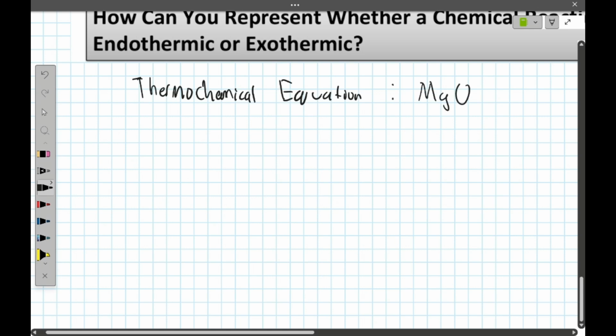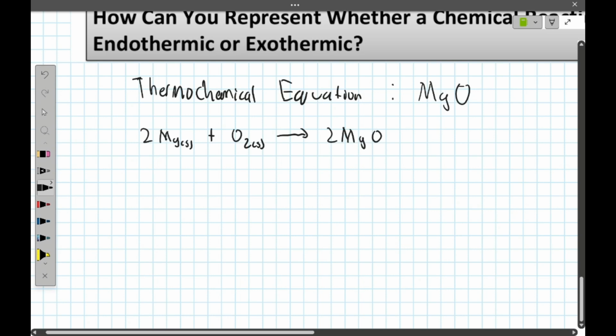The formula for magnesium oxide is 2 Mg plus O2 is equal to 2 MgO. So how do we put the energy into this? Like, is this exothermic or endothermic? Well, you see, this will be an exothermic reaction, and so here is how we will write it.